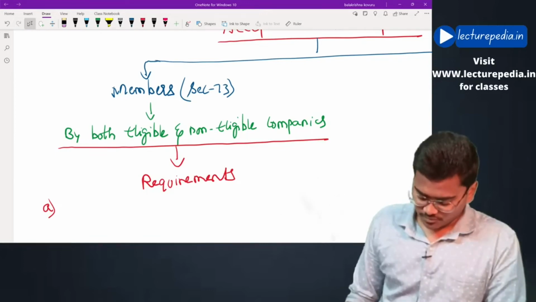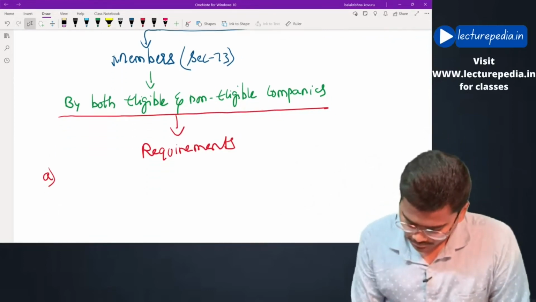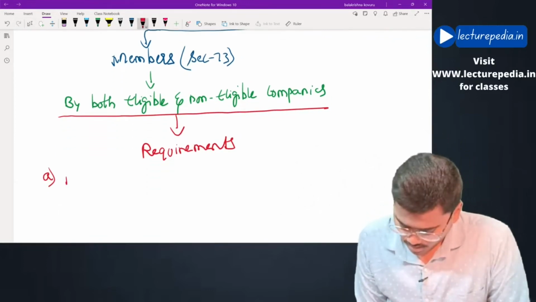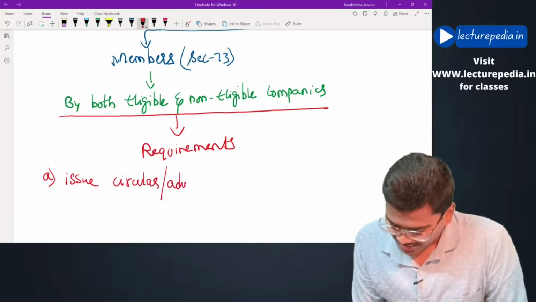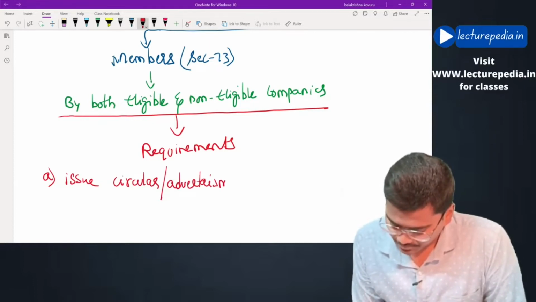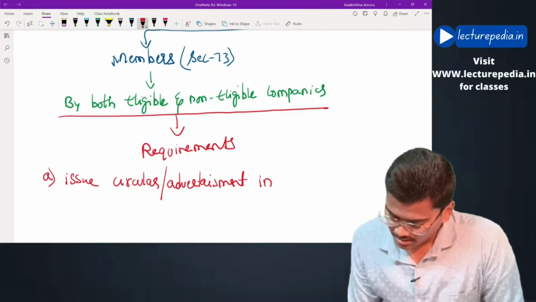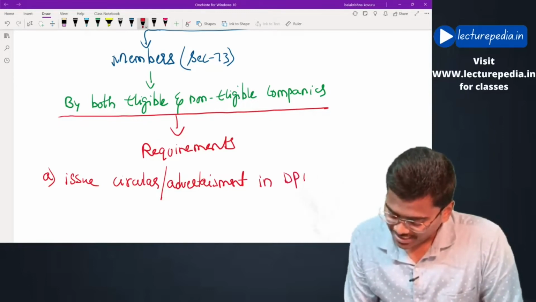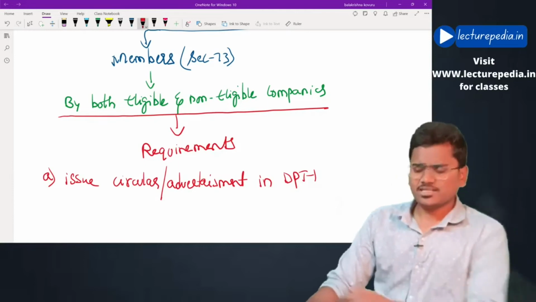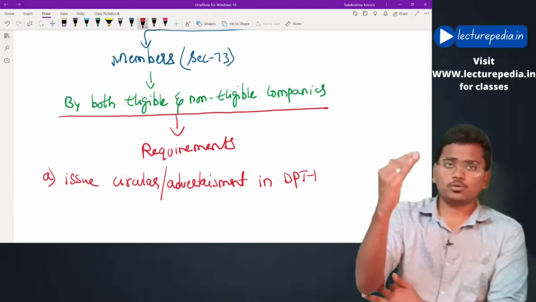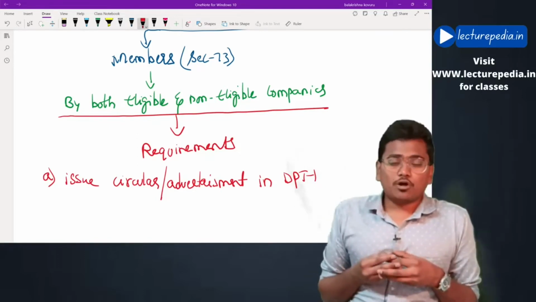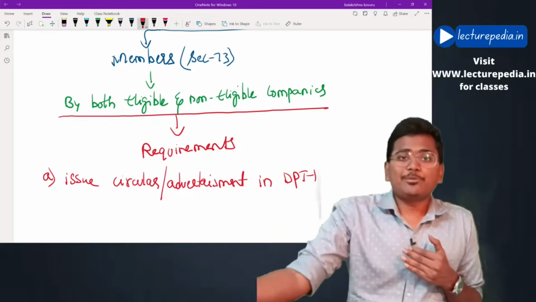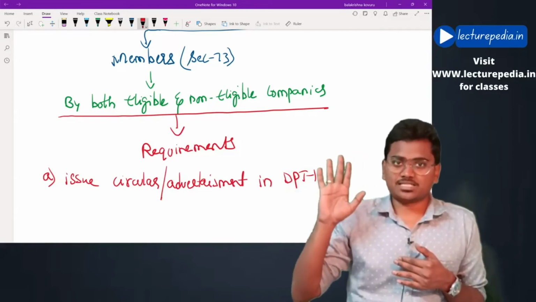Let us see. First one, issue a circular or advertisement in form DPT1. Generally, if you have studied SEBI, if a company wants to raise money through an IPO, it will be issuing a prospectus.